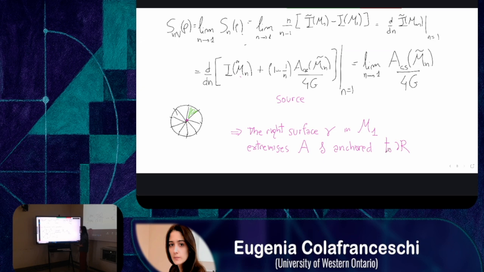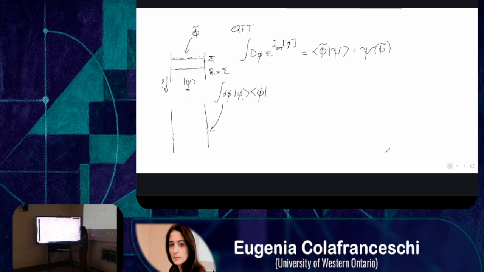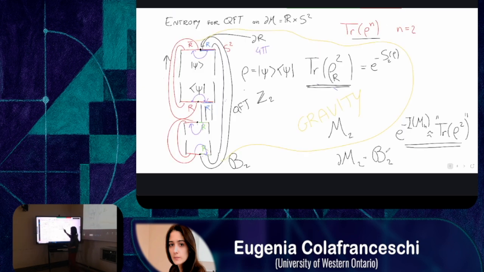So our starting point was we wanted to compute this quantity here. And so we started with these boundary conditions with a splitting surface between R and R bar. And then we moved to this quotient description, we moved the conical singularity in the bulk. But in the original n equal 1 copy, the conical singularity is the splitting surface between R and R bar.